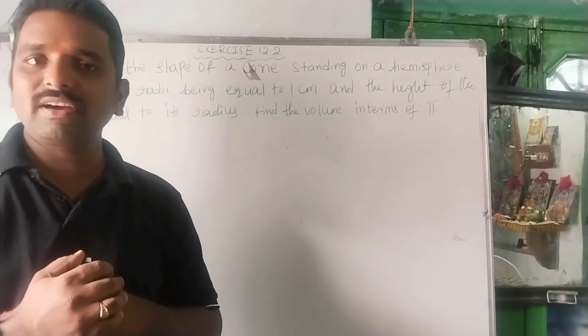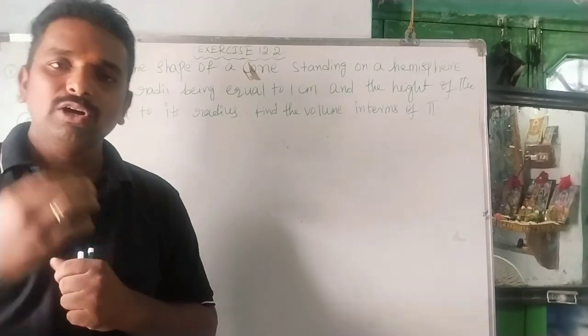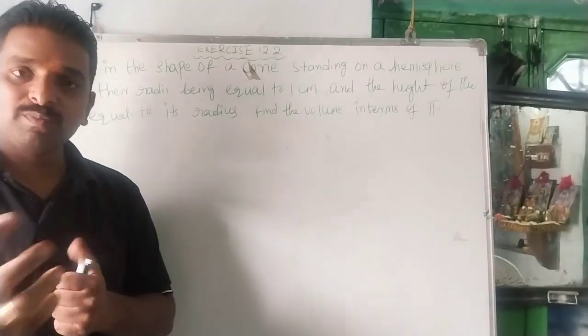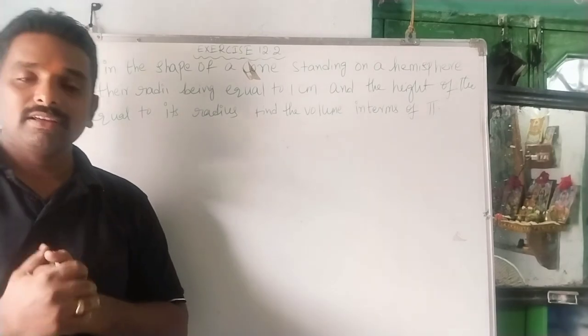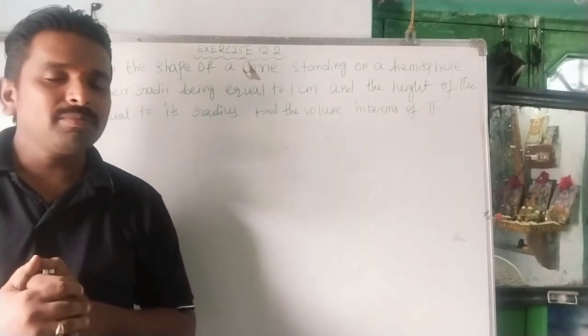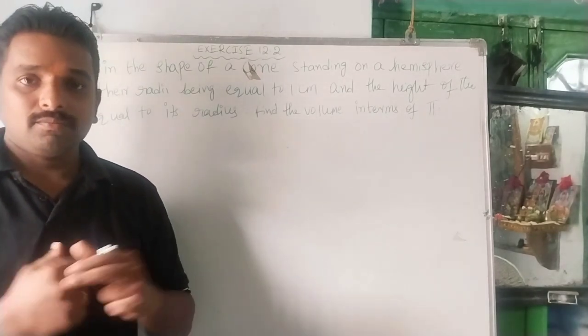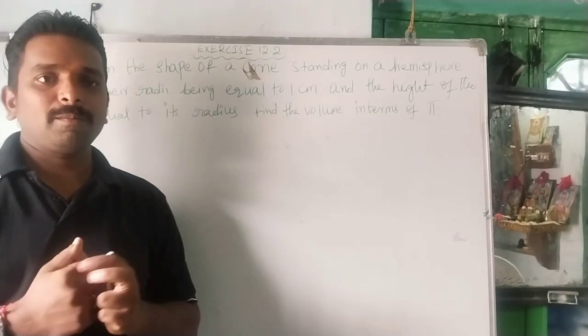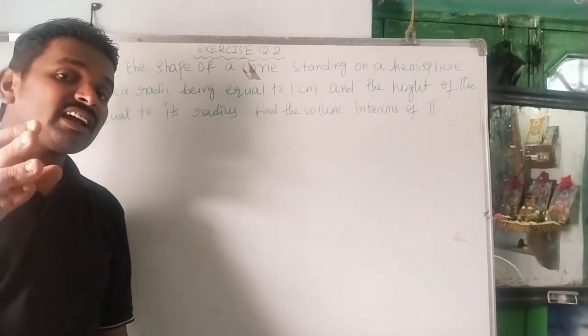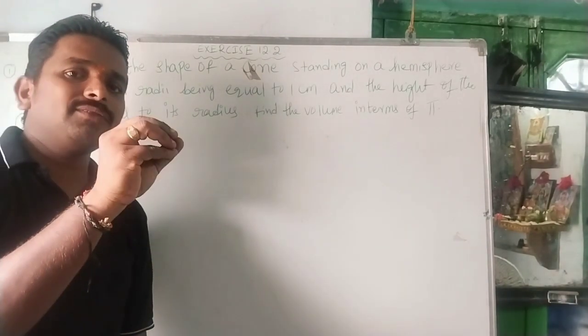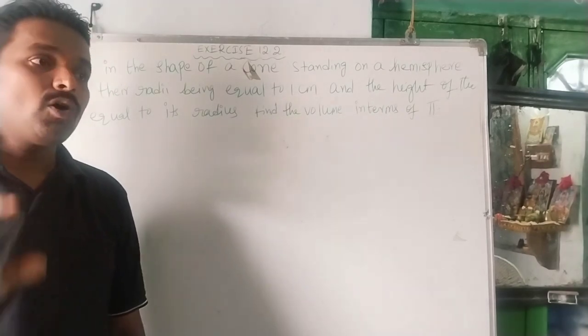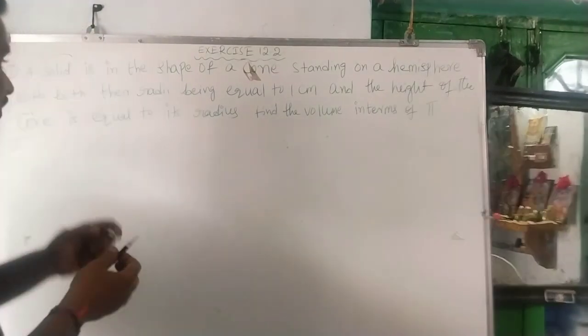Cube, cuboid, cone, sphere, hemisphere and cylinder are three-dimensional figures. So we have many three-dimensional figures in geometry, and they are again classified into two types: solid figures and hollow figures.